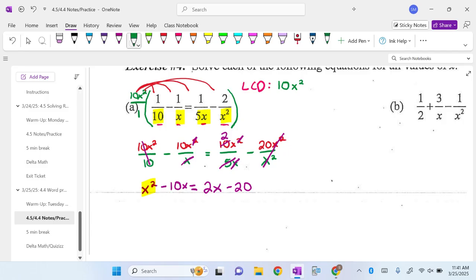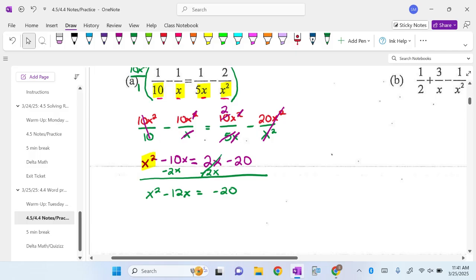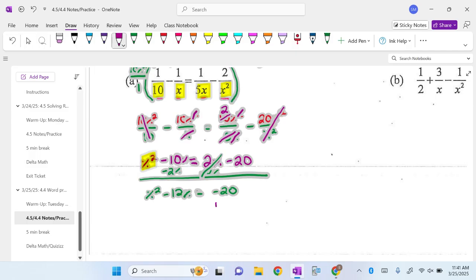All right. So we got to get one side equal to 0. So I'm going to subtract the 2x from both sides. So I'm going to subtract it from the 10x. Goes away. x squared minus 12x is equal to negative 20. What's the last thing I need to do to get one side equal to 0? Add 20.